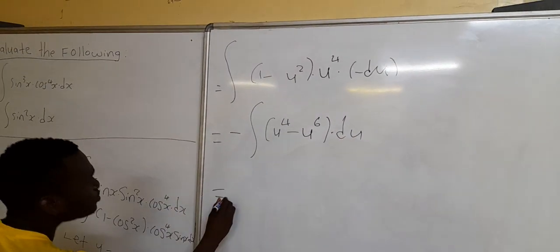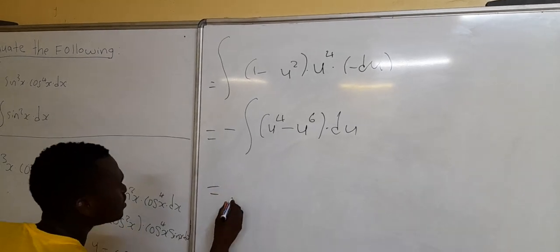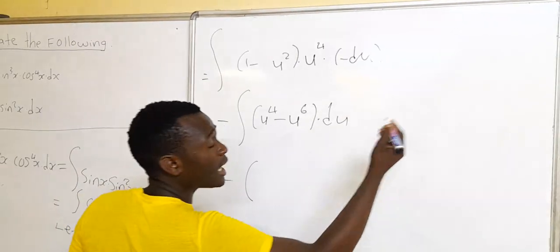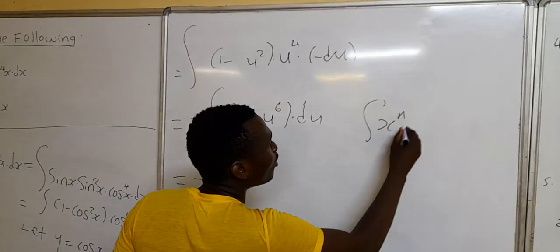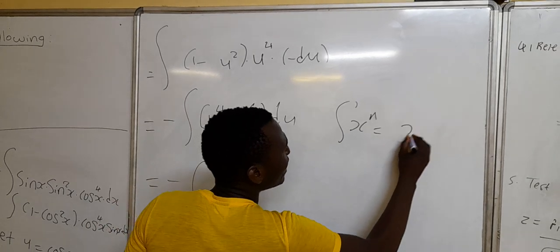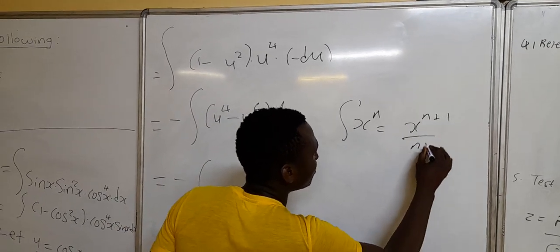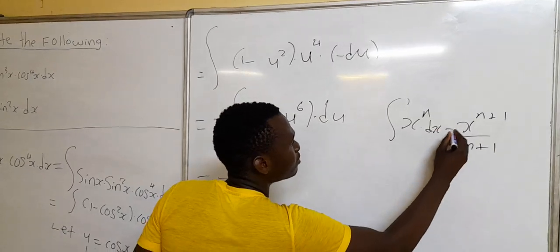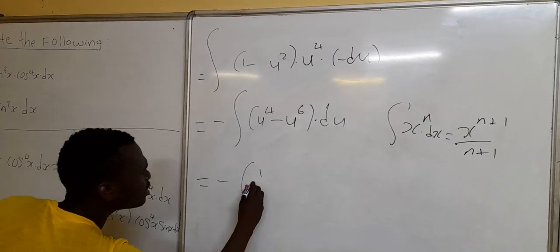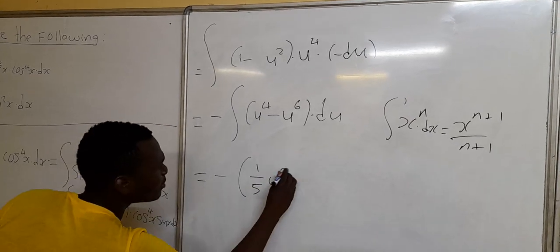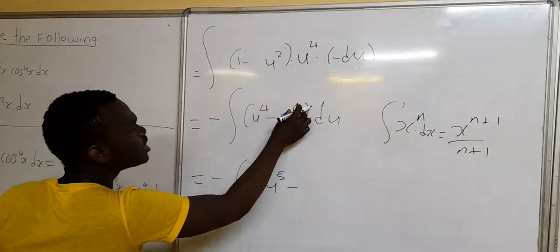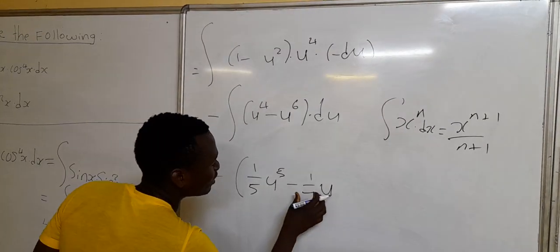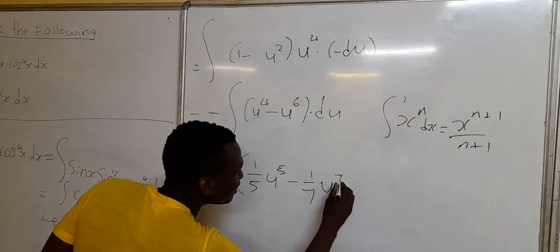So this is easy to integrate. How do we integrate this? We use what we call the power rule, that the integral of x to the power n equals x to the power n plus 1 over n plus 1. So this is equal to 1 over 5 u to the power 5 minus, 6 plus 1 is 7, 1 over 7 times u to the power 7.